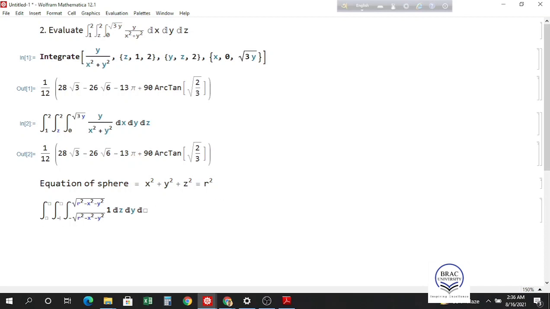So y goes from negative square root of r squared minus x squared to square root of r squared minus x squared, and x goes from minus r to r. And we are integrating 1 here.